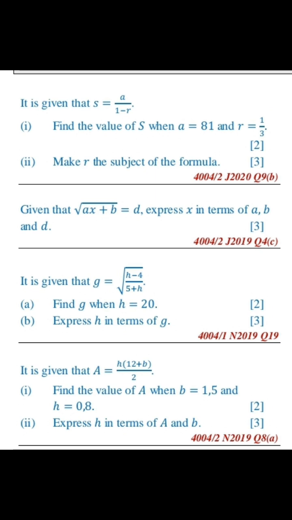Today we are going to be doing past exam questions on change of subject of formula and substitution.